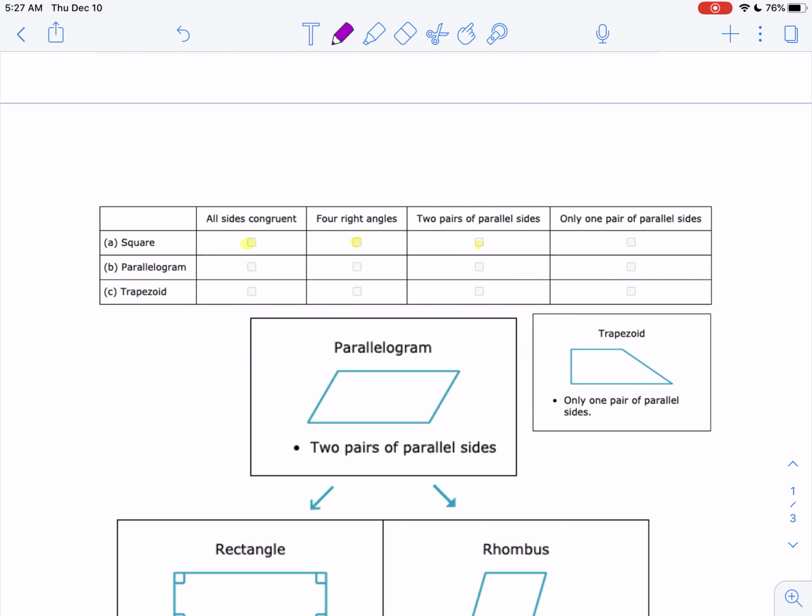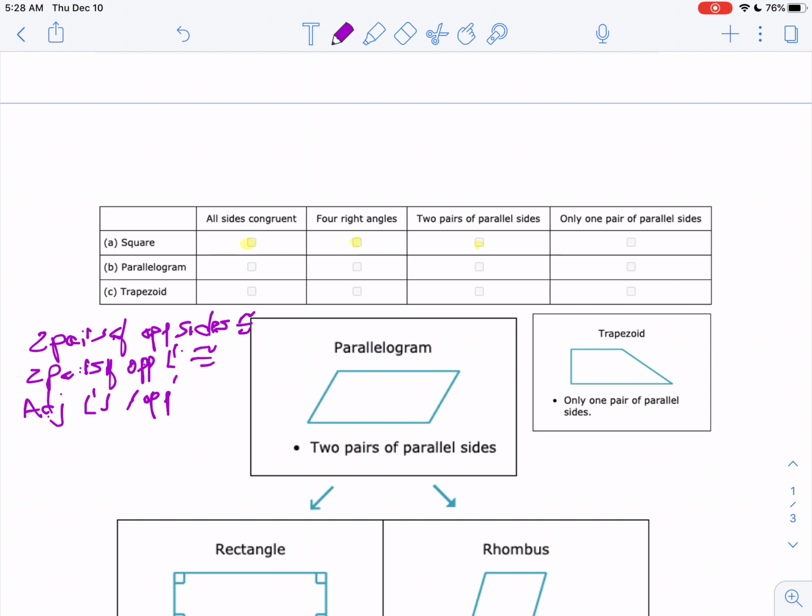So it has two pairs of opposite sides congruent, two pairs of opposite angles congruent, the adjacent angles are supplementary, and the diagonals bisect each other.